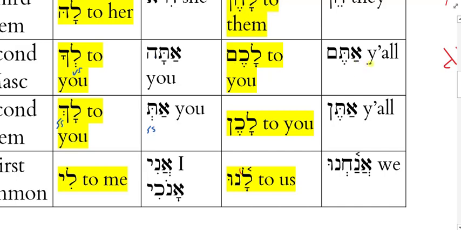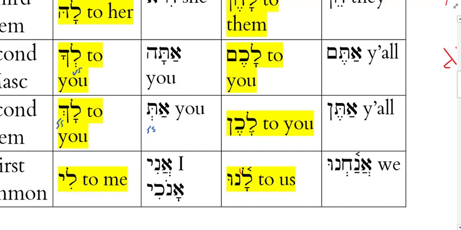Look at the y'all independent pronoun, masculine plural. Atem. Atem. See how it's similar? Tem, the M, right? What's the difference? Tav versus kaf. Okay, the kaf is second person when it's a pronoun suffix.